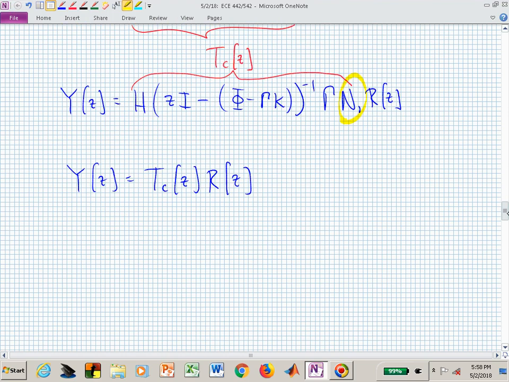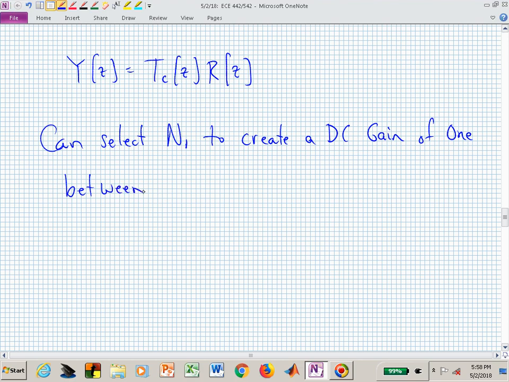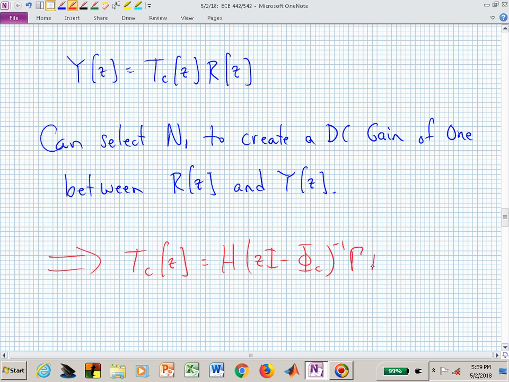And what we want to do then for homework and maybe the final is to select this matrix N sub 1 to create a DC gain of 1 between the reference input R of Z and the output Y of Z. And T sub C of Z is just H, zI minus phi sub C inverse gamma N sub 1.